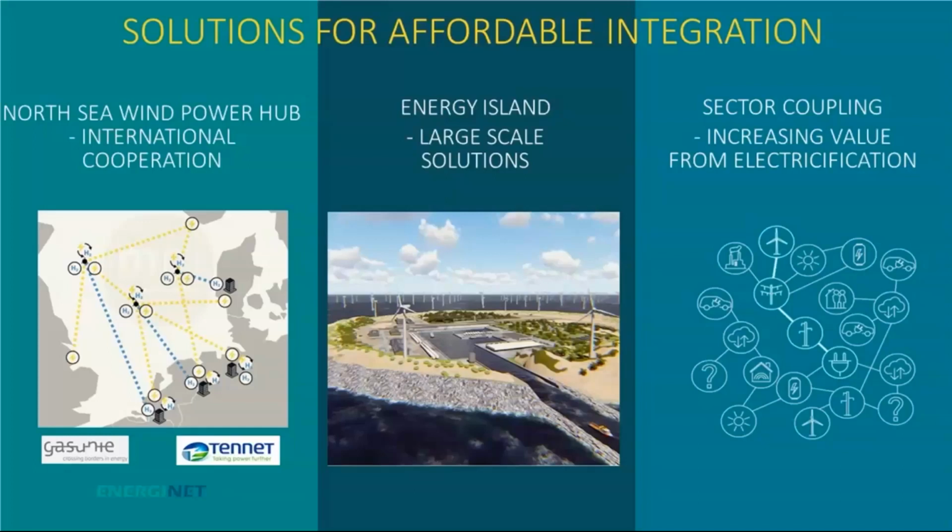So it's international cooperation where we look at common planning, common regulation, contracts that might be necessary, looking at different ways of cooperating also with the gas system, Gas Unie, the Dutch gas TSO is part of it as well, and also with some of the ports in the North Sea area.